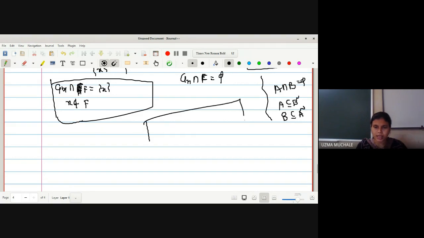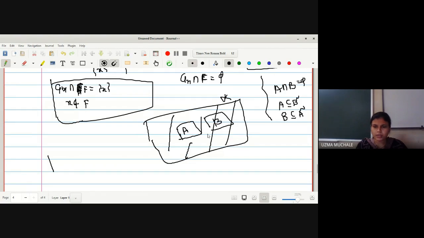Suppose this is X and I have this set A. If A intersection B is an empty set, then A and B are disjoint sets. What is the complement of A now? This whole set. So A complement contains B. B is contained in A complement.